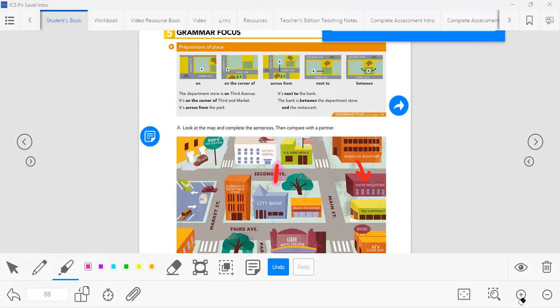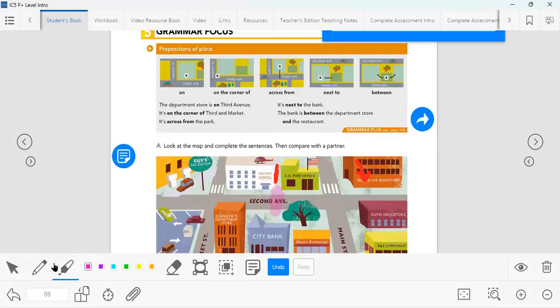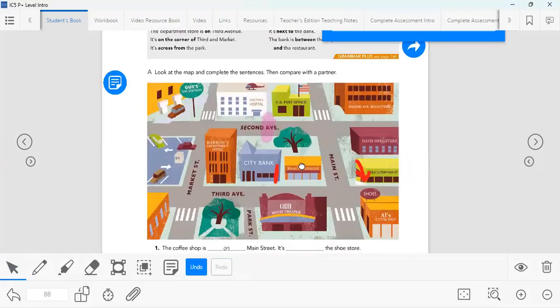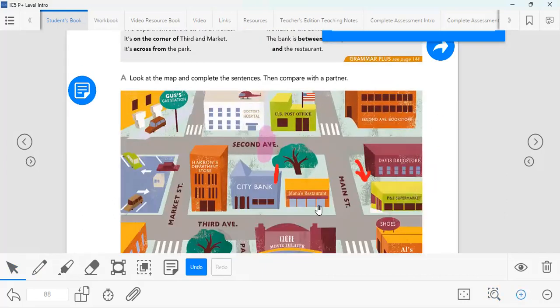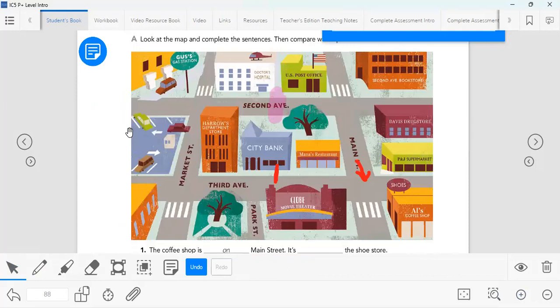Okay, look. Let me put it a little bit closer for you. Okay, you see here. Let me erase this. So I was telling you that across from means like this, go from one part of the street to the other.